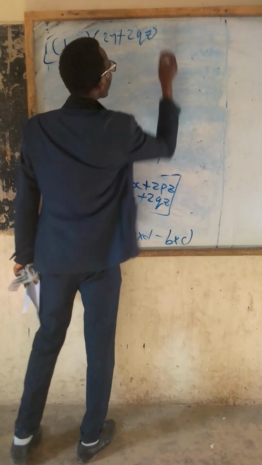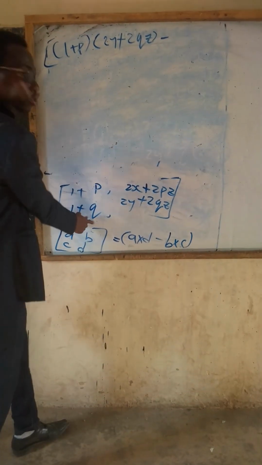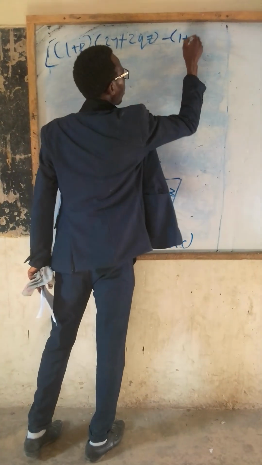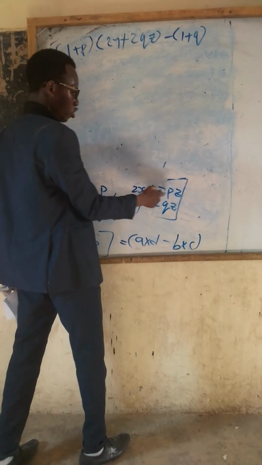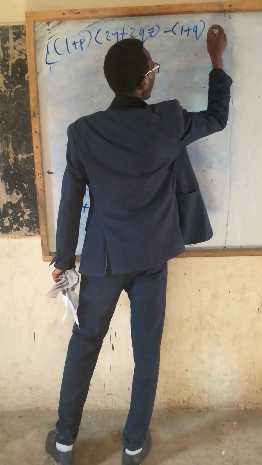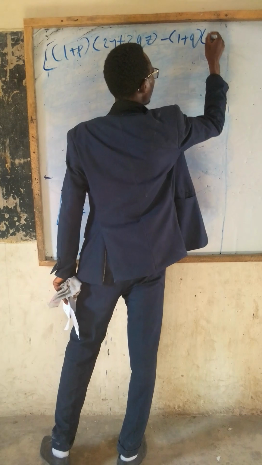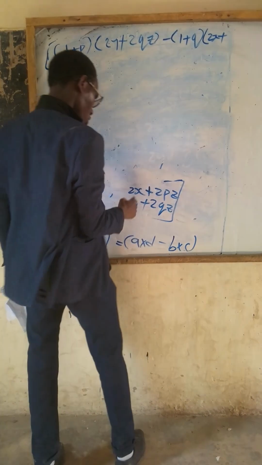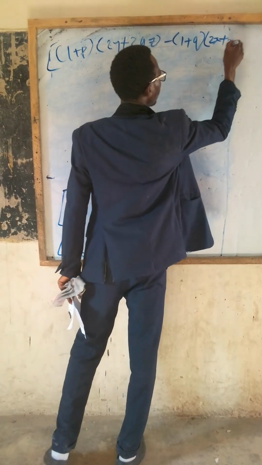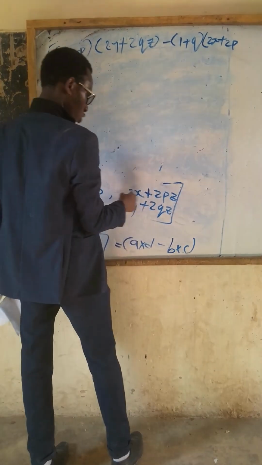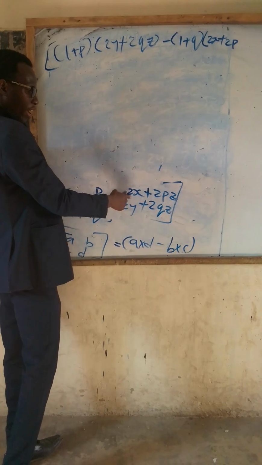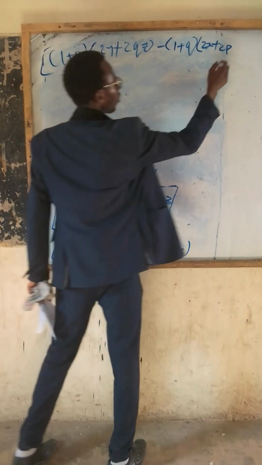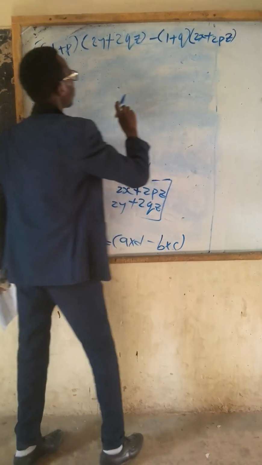Minus 1 plus q multiplied by 2x plus 2py, multiplied by 2x plus 2pz. Have you seen that now?